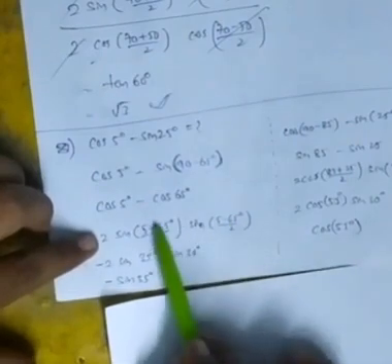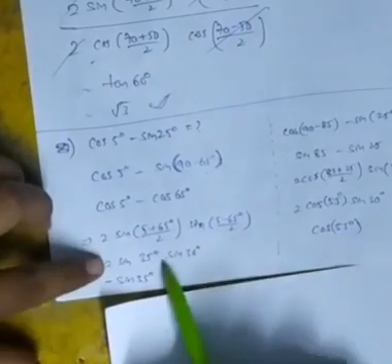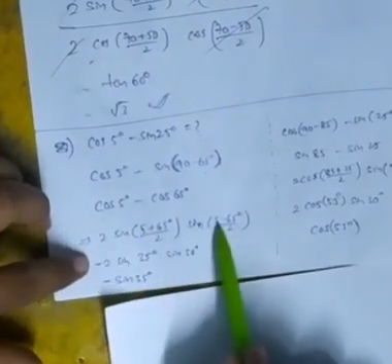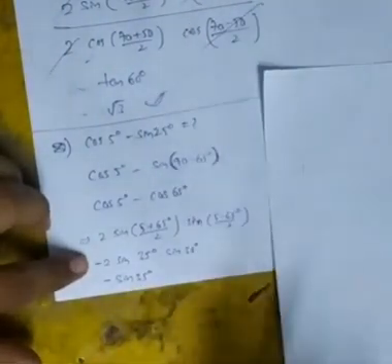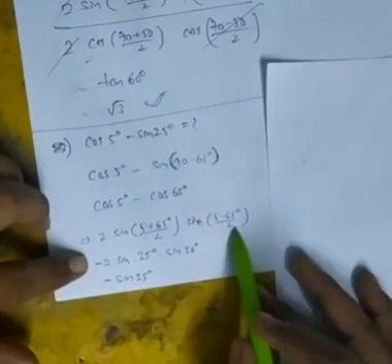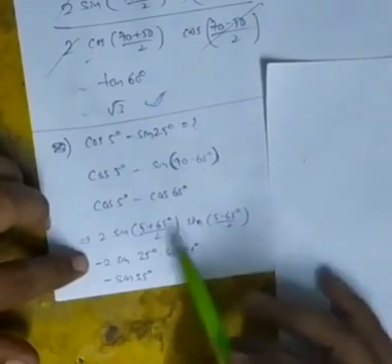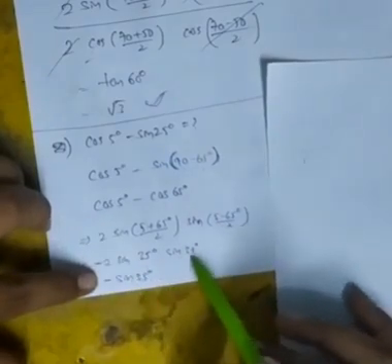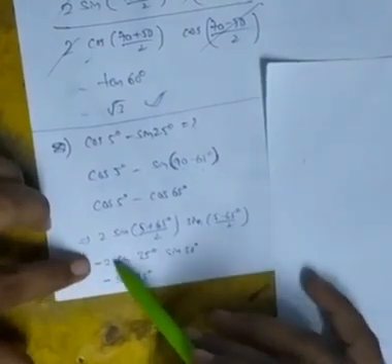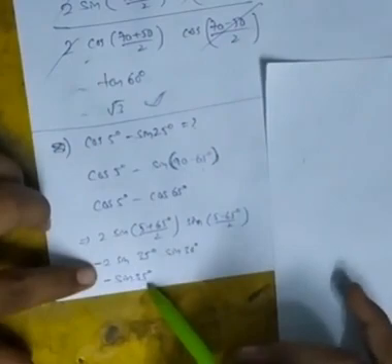So the first term is 70 by 2, that is 35, and here it is 5 minus 65, that will become minus 60 by 2, that is minus 30. Sine of minus theta is minus, so that minus is here. Sine 30 is 1 by 2, and the 2 will get cancelled, and we are left with minus sine 35.